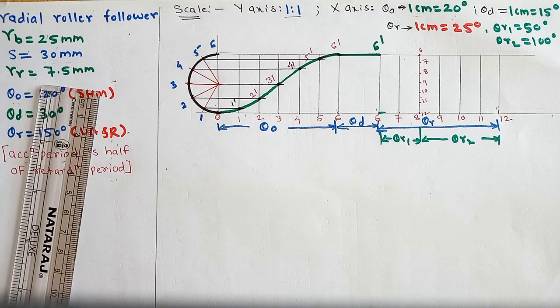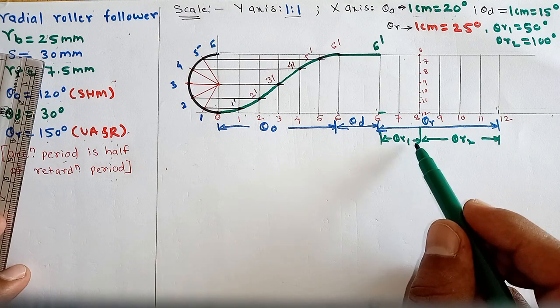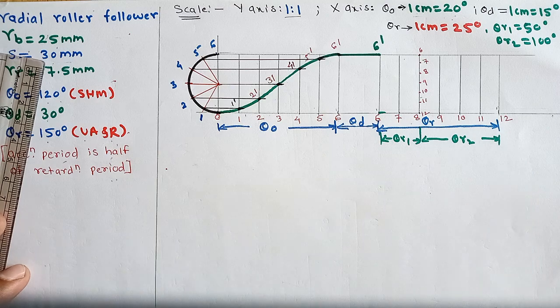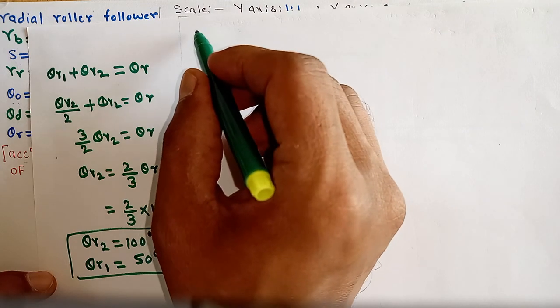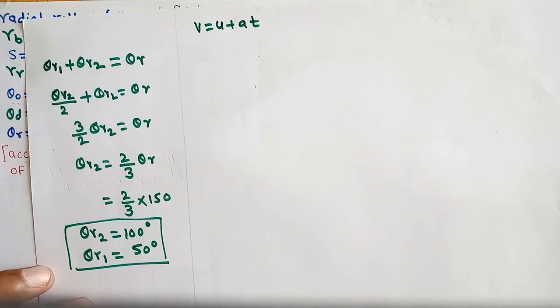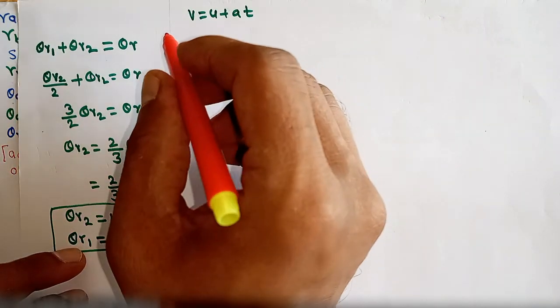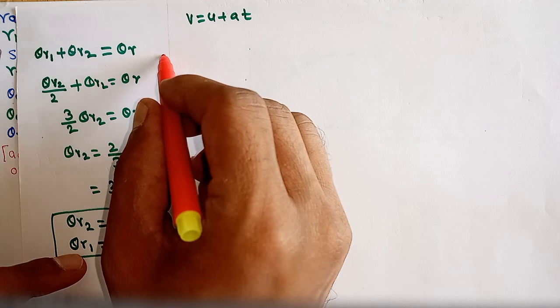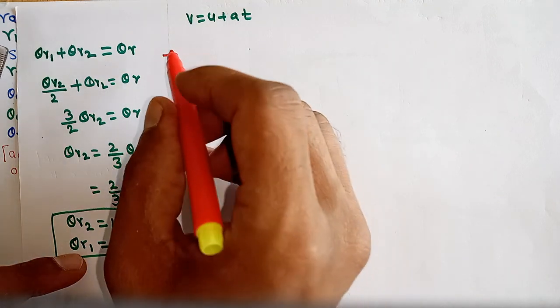Now we will find out the displacement of the follower during the acceleration period and during the retardation period. So now we have V equals U plus AT, right? Now during acceleration, say this is the topmost position and this is the lowermost position.